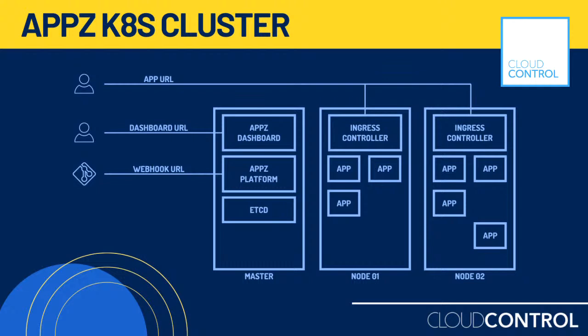As you can see, on the master node, we are running some of our core components: our dashboard, and the AppZ platform, which is the AppZ engine, along with some other core components like etcd. The dashboard that you are interacting with is the HTTPS endpoint against which you are setting up the webhook.